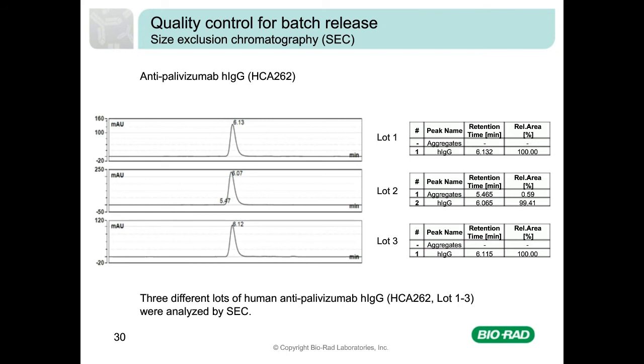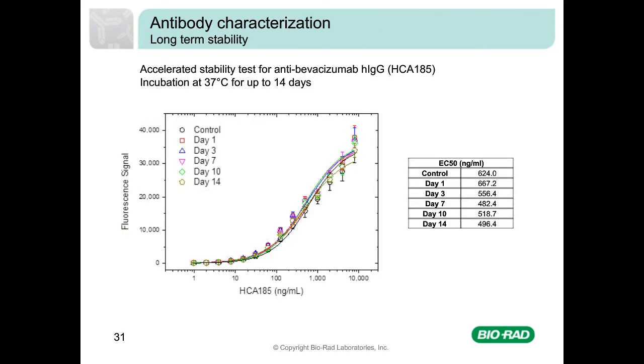Antibody shelf life stability can be tested by using an accelerated stability testing protocol or by monitoring activity after several freeze-thaw cycles. In the example shown here, the anti-bevacizumab antibody HCA185, which is a human IgG1, was tested by measuring activity after up to 14 days incubation at 37 degrees.